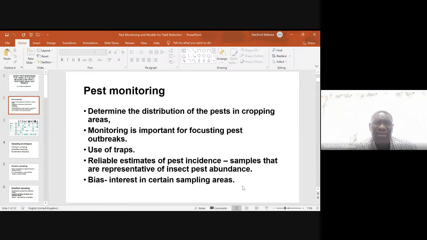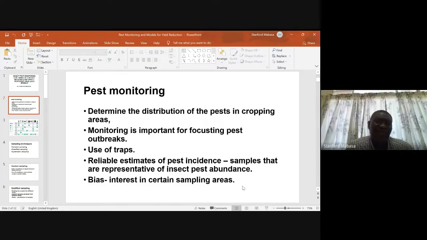So we should try to look for a representative area, probably which represents the farming system which we are interested in, so that we can sample the insect pests.